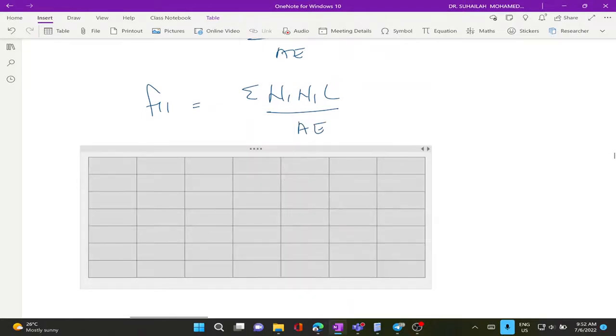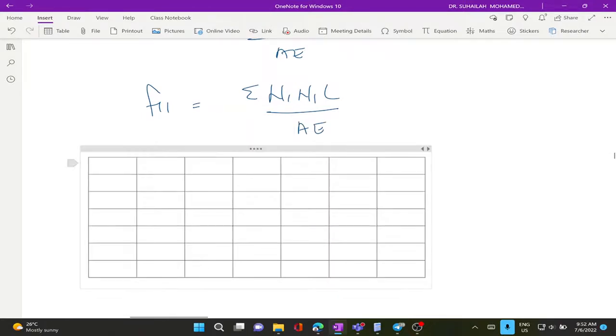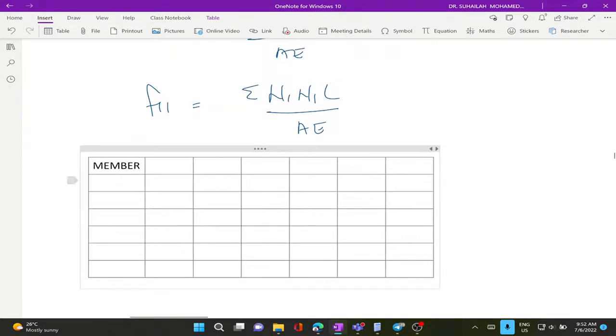Okay, so this is the table. The table consists of members, and the length for each member. Then we should have a column for N0, for the primary truss, and a column for N1.